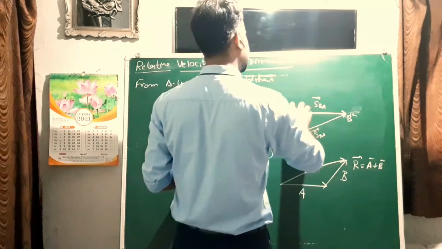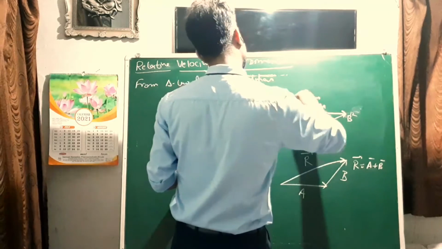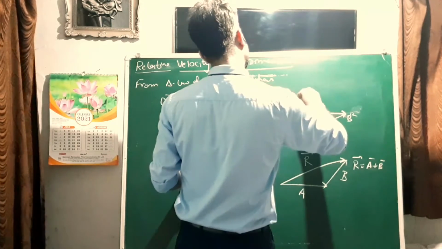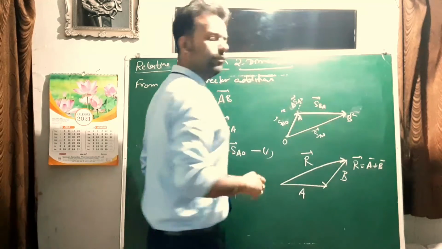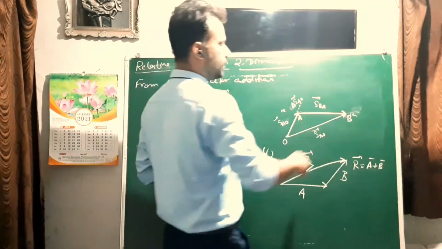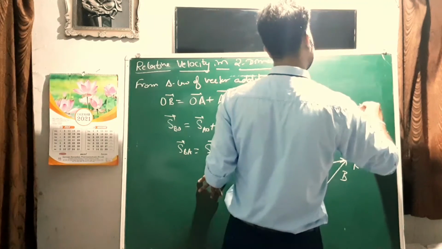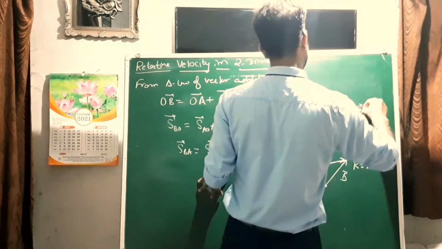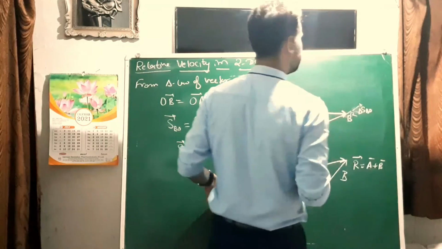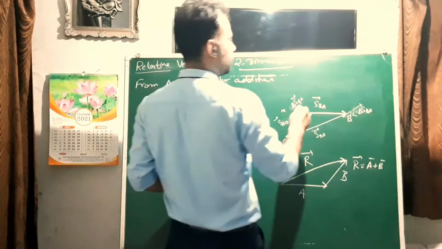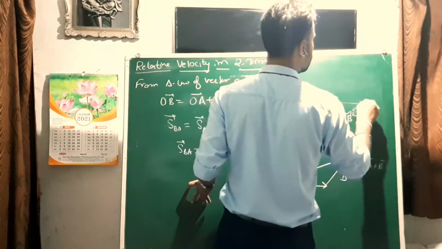Let this distance be del SAO, and similarly boy B also covers some distance here, that will be del SBO, right? So the new position vector will be this.